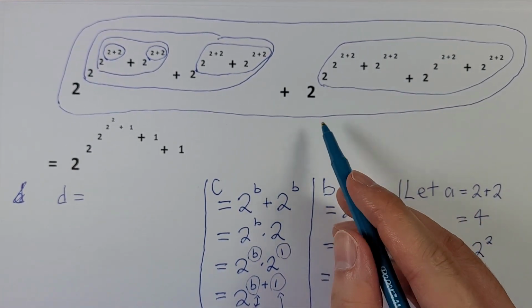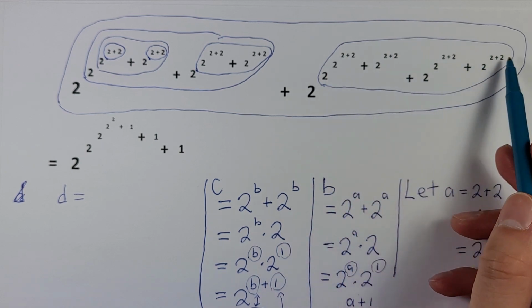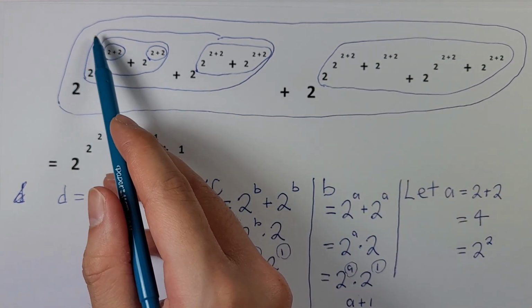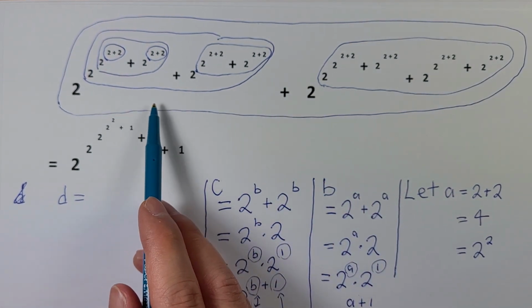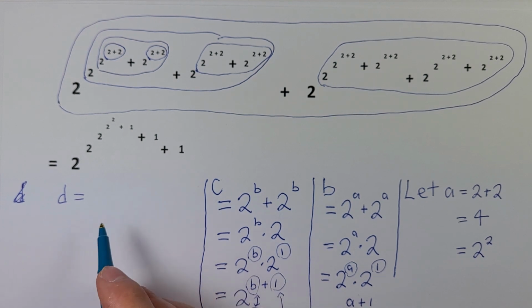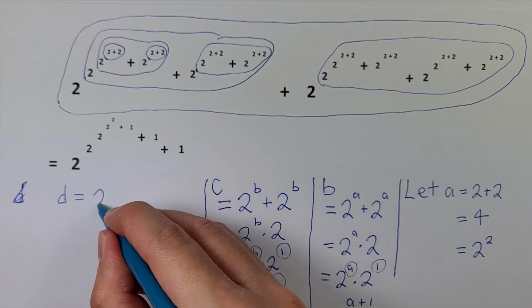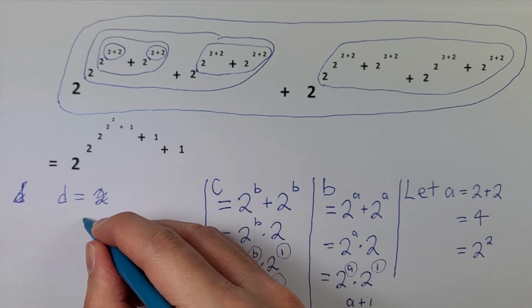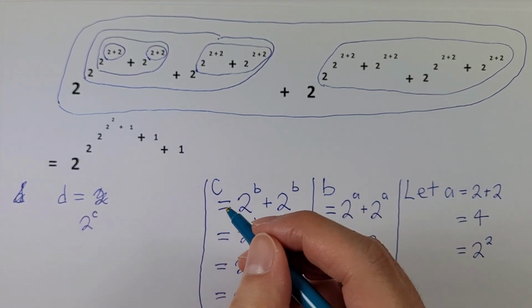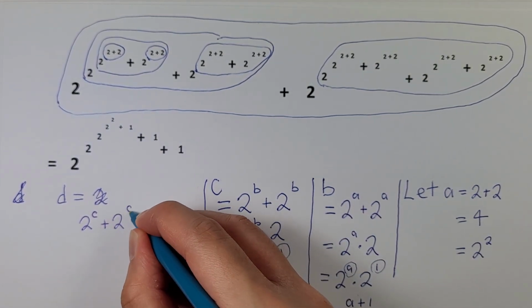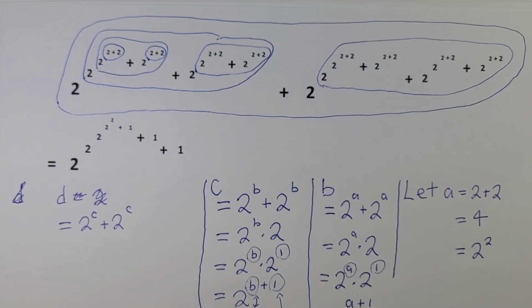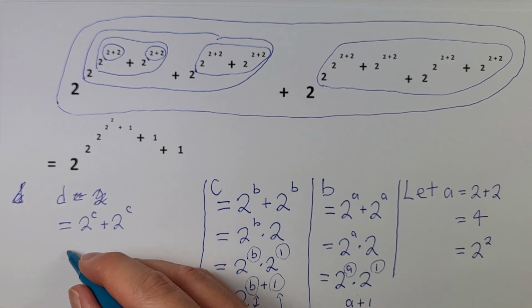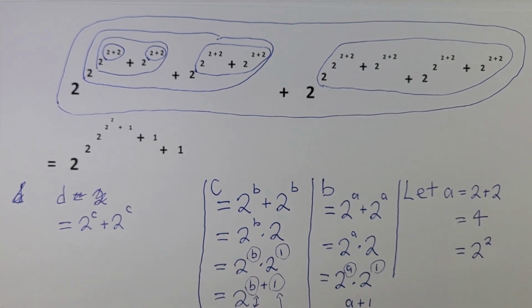If you spend enough time on this problem, you'll notice that this number is the same as this number here, which is what c is. So d equals 2 to the power of c plus 2 to the power of c. And because these two numbers are the same, I can go through the same routine as I did before with this column and this column.